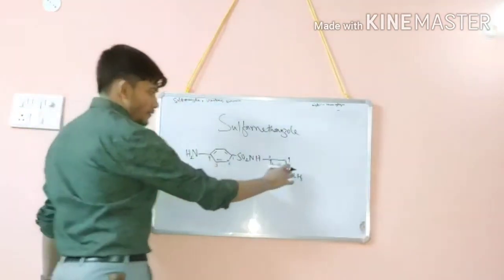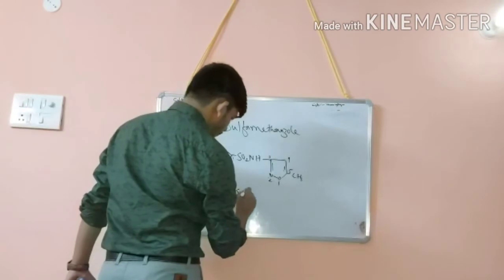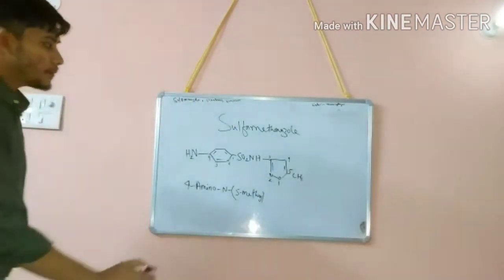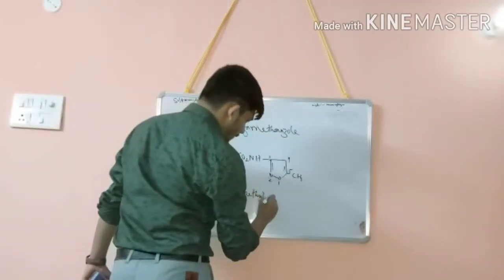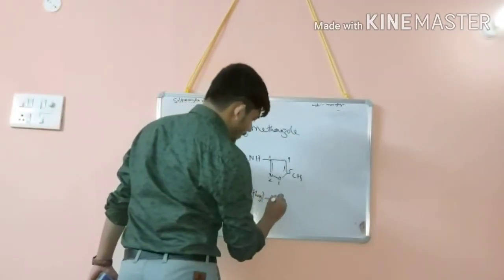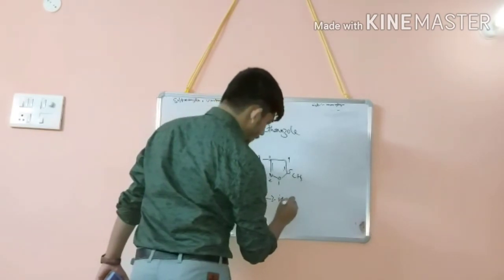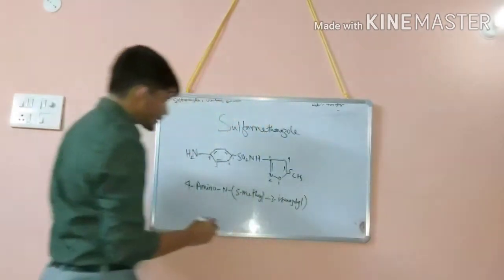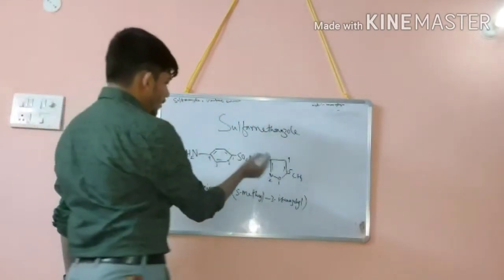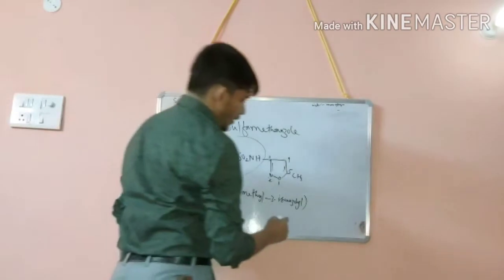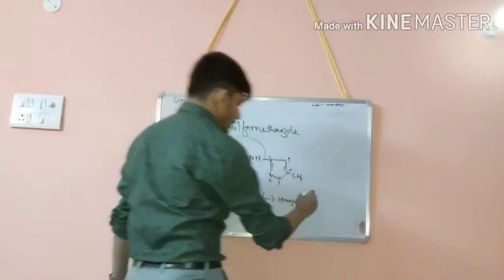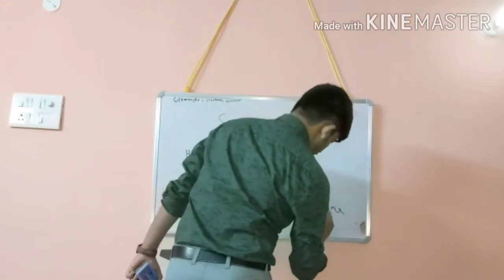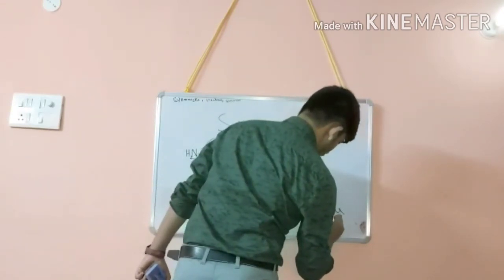So 5-methyl: in the 5 position, one CH3 group is there. Then in the 3 position, isoxazolyl. Then we end the structure with benzene sulfonamide.